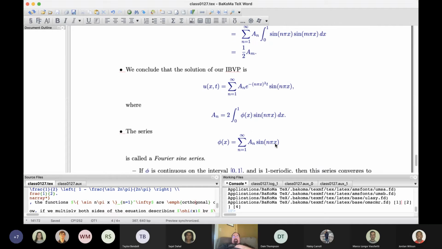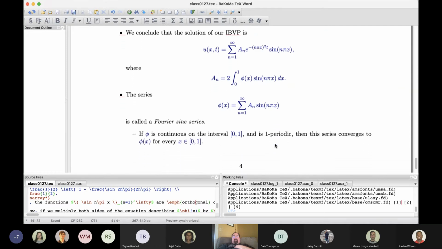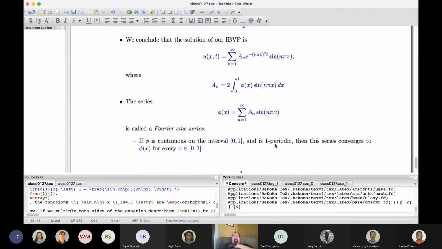Now this series here, which we'll learn more about down the road, is a Fourier sine series. So we're expressing phi of x as a linear combination of these functions sine n pi x, as opposed to Fourier series involving sines and cosines. Now, if phi is continuous and the values at the endpoints match, actually I need to be more specific here.